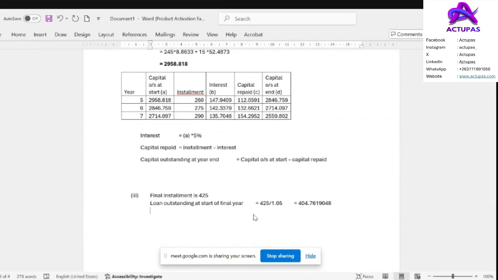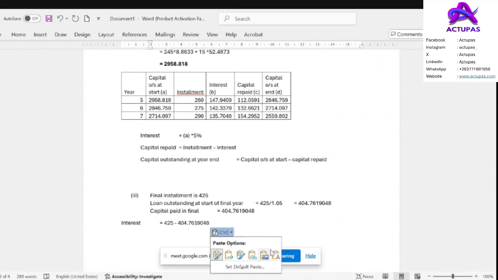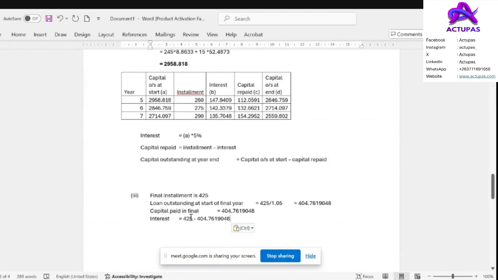And the capital paid in the final payment is just 4.716, which means interest will be equal to the final installment 425 minus 404 minus the capital paid.